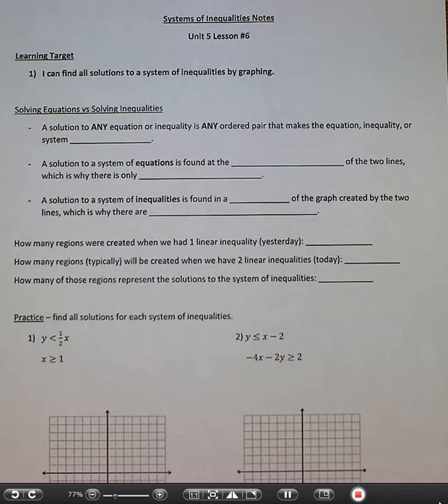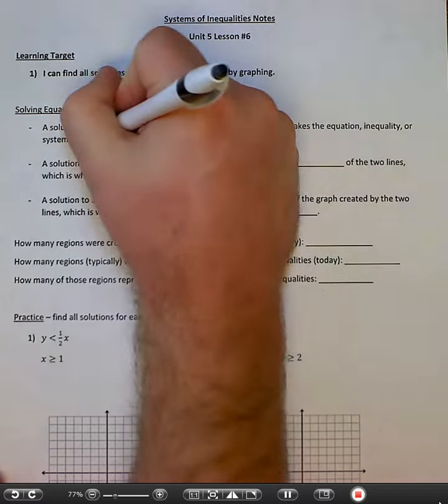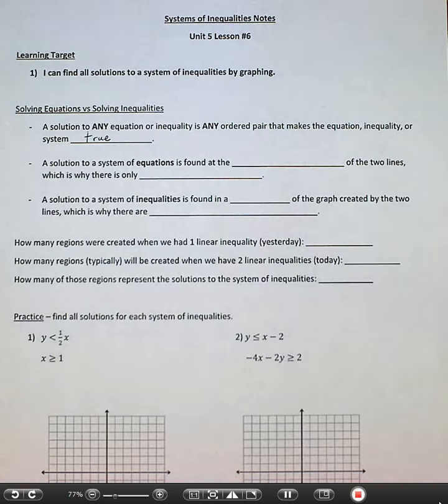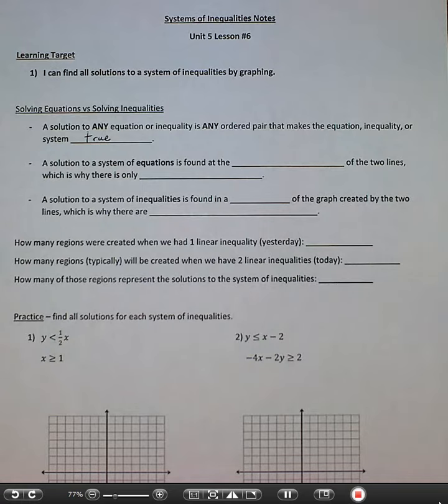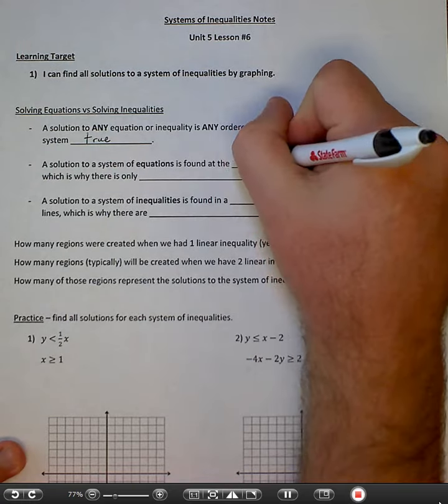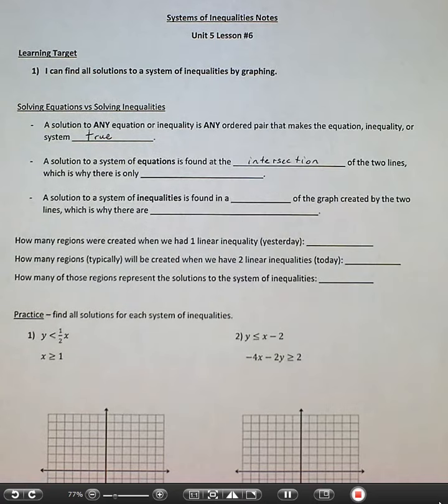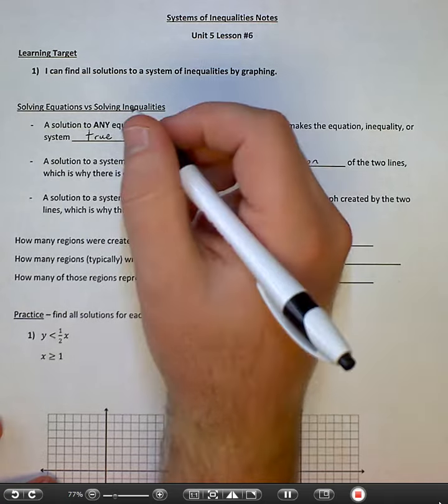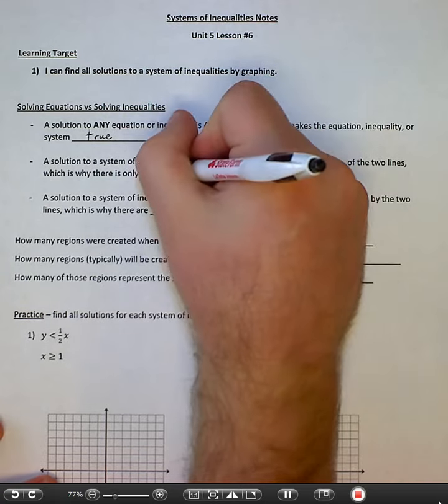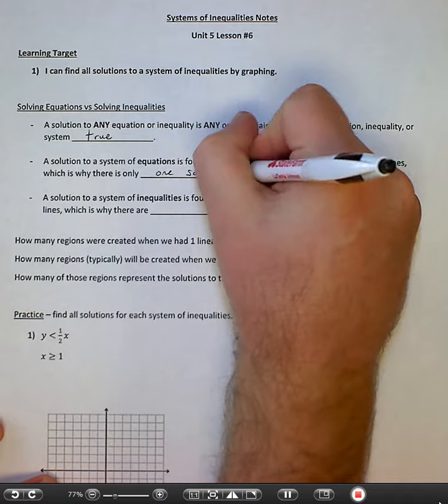Starting there. A solution to any equation or inequality is any ordered pair that makes the equation, inequality, or system true. So in general, a solution is something that makes something true. A solution to a system of equations is found at the intersection of the two lines, which is why there is only one solution, because there's only one intersection of two lines.